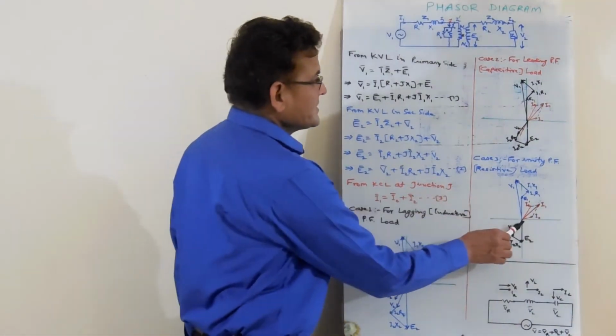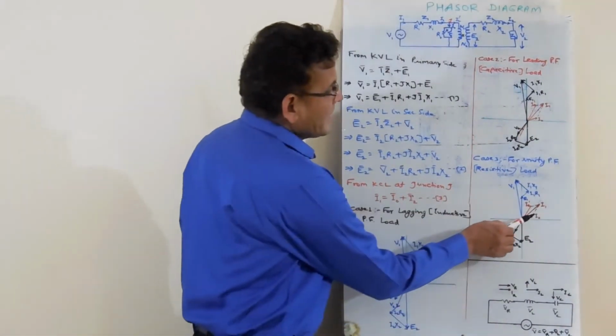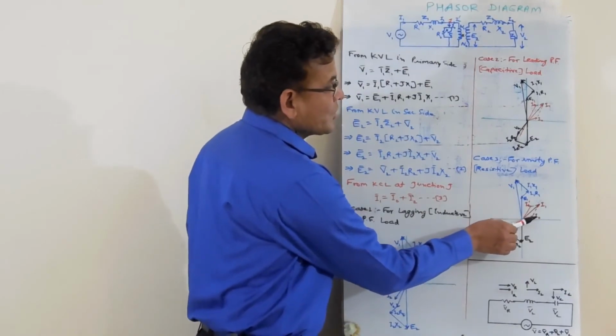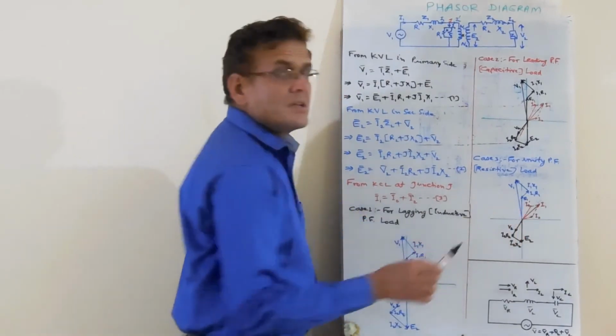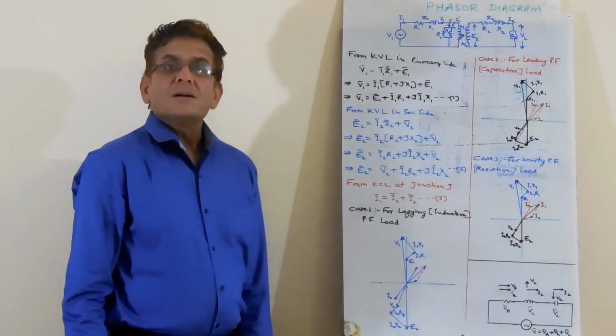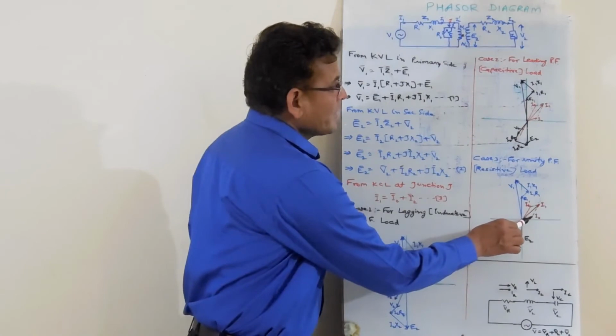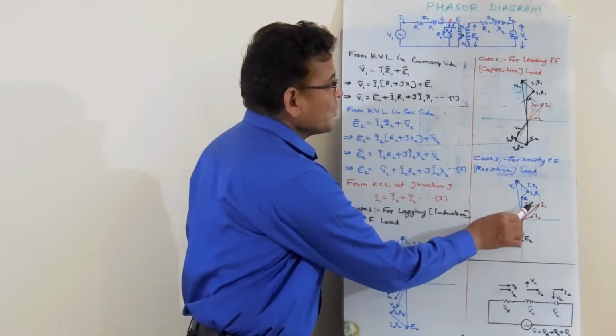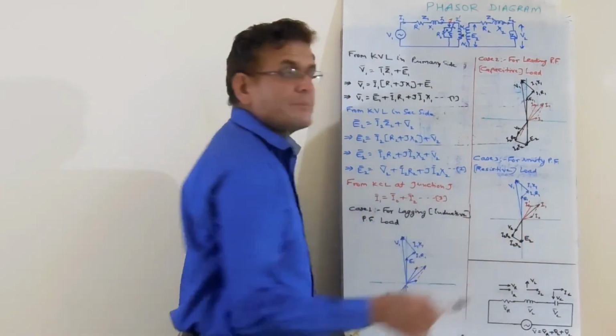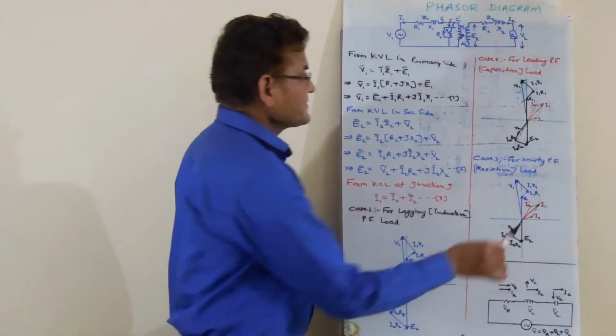So consider this vector diagram. Here I0 is again no load input current, I2 dash is primary current due to load, and vector sum of no load current and current due to load is I1, primary input current I1.